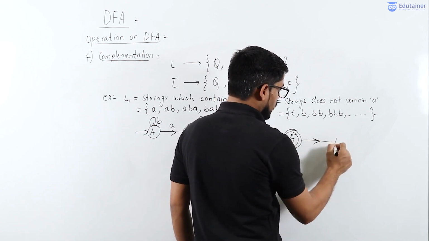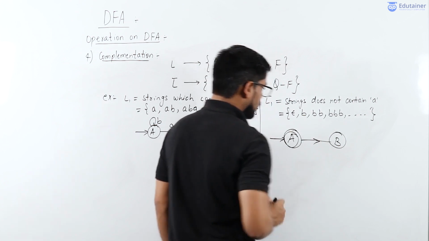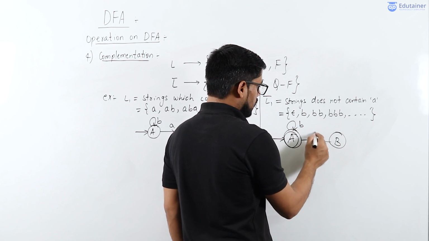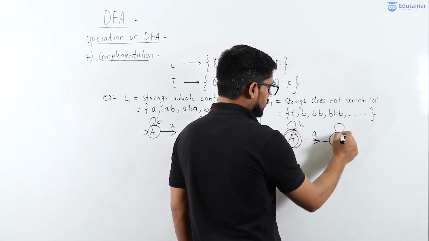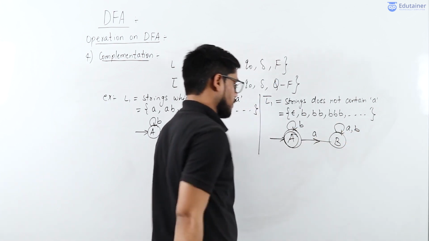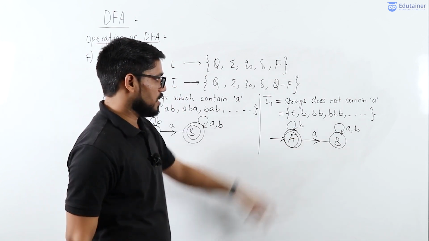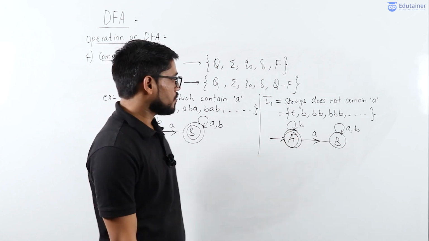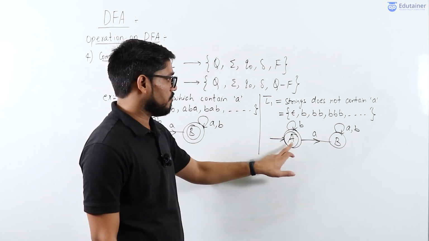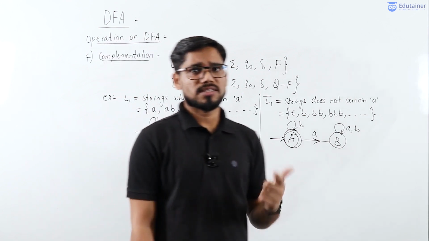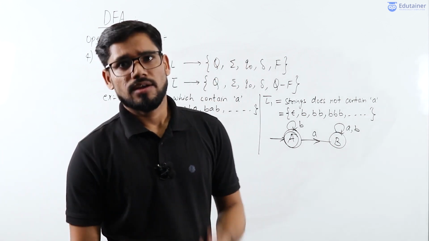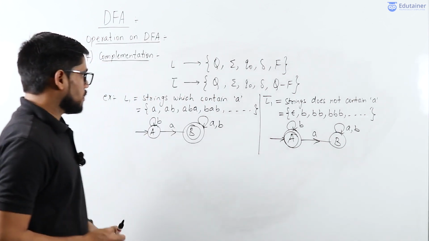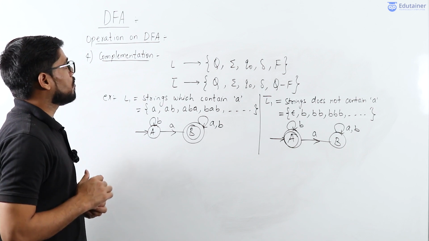Capital A is the final state, capital B is the non-final state, and the transition moves will remain as they are. On capital B, it is any number of A's or B's. So from the diagram itself, you can easily understand that it will accept only any number of B's, and it will also accept the epsilon. Why? Because if you make the initial state a final state, then it will accept the epsilon in the language itself.